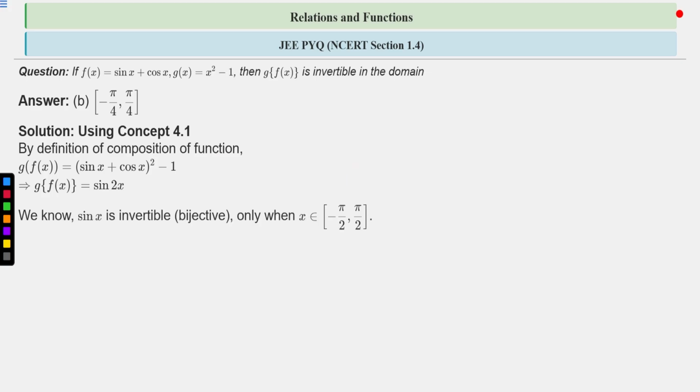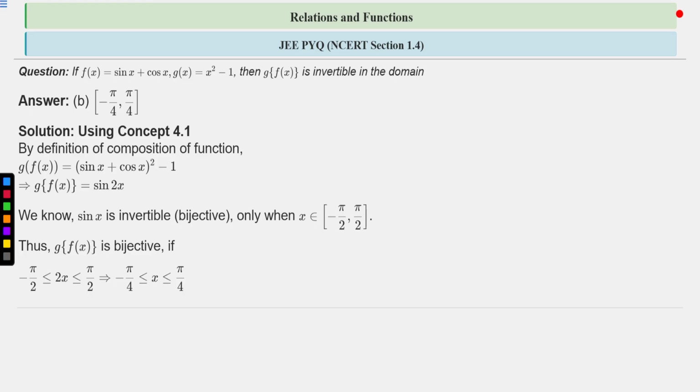We know sin x is invertible, that is bijective, only when x belongs to minus pi by 2 to pi by 2, right? Thus, g of f(x) will be bijective if and only if 2x is from minus pi by 2 to pi by 2.